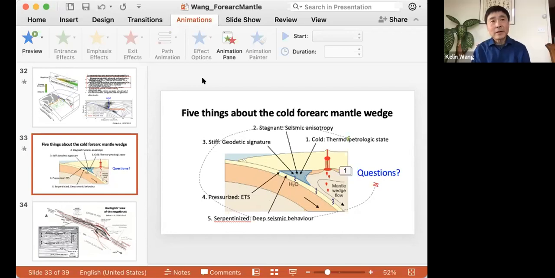Yeah, there's certainly a lot of fluids coming out of cold slabs, and they come out at all different depths. The difference from a warm slab is just the peak dehydration, due to the transformation of basalt to eclogite, which happens deeper. Certainly the fluid comes up and causes some serpentinization along the base of the mantle wedge, and there should also be fluid in the megathrust for sure.